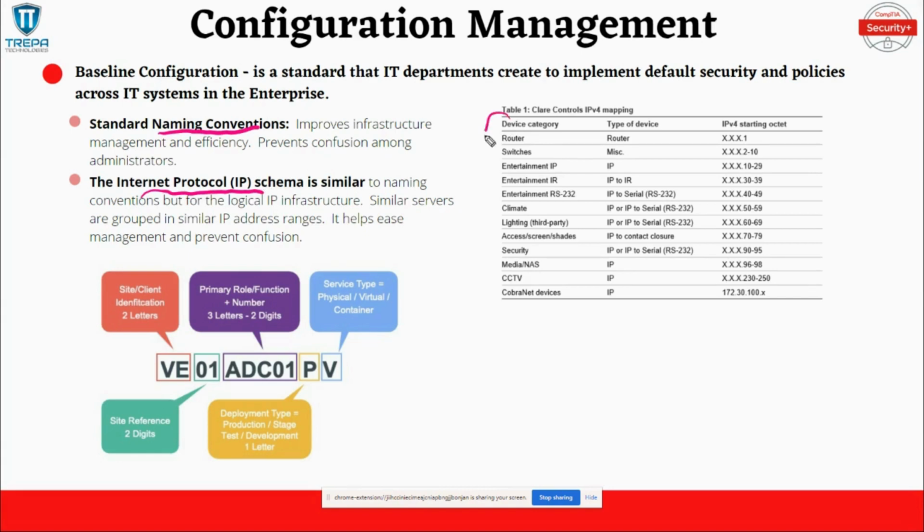Or we could even have a chart like this saying the router is going to be .1, switches will be 2 through 10. This also could be involved with IPAM, your IP address management system. Just some examples of baseline configurations. This could also be some group policies that you implement on the network as well.